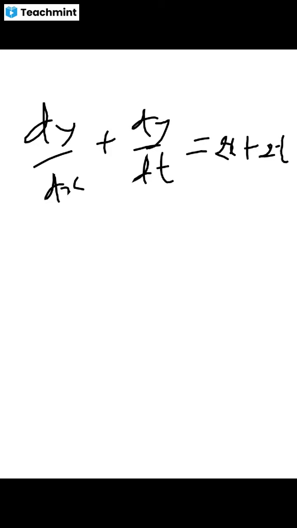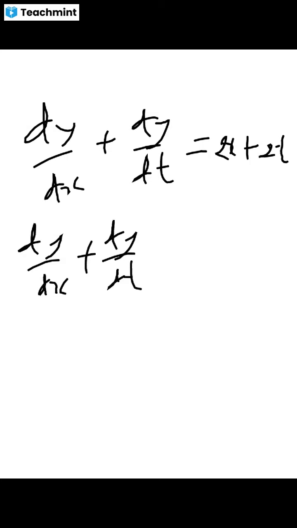So we can write this equation like this: dy over dx plus dy over dt minus 2x minus 2t is equal to 0. So this is a partial differential equation.